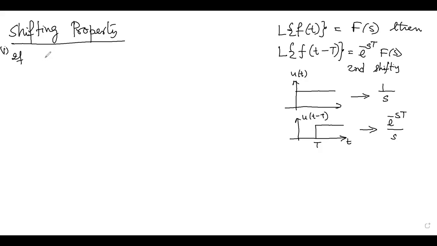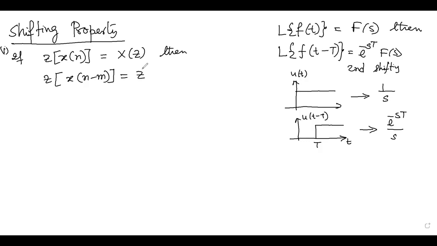If the Z transform of x[n] is X(z), then the Z transform of x[n minus m] is equal to z to the power minus m times X(z).